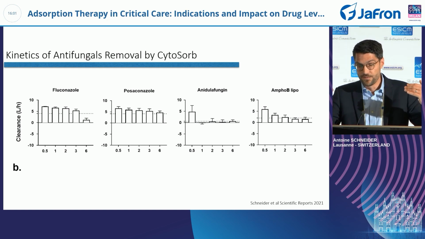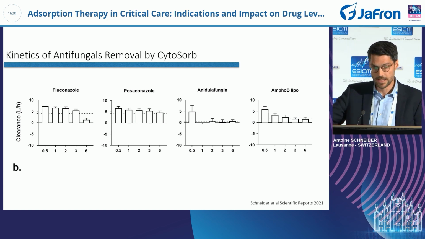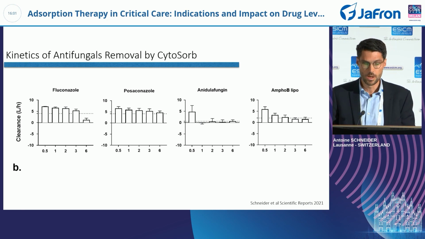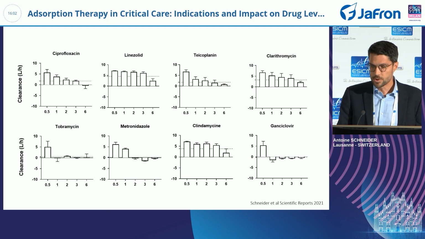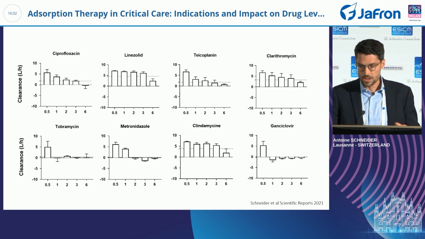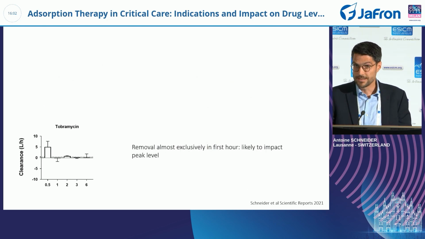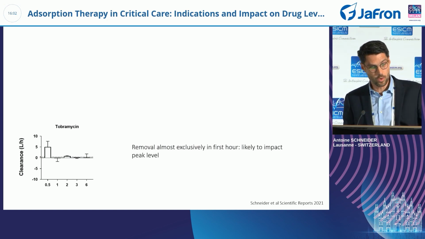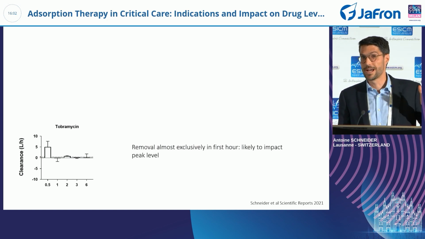We've seen that the antifungal drugs were removed at a very high level, and you see that it was more sustained, at least for fluconazole and posaconazole. But again, it changes from one molecule to the other. Here I'm just going to show you some data for all the medications, but we can't go through all of them. I'm going to focus on tobramycin, because I think it is of particular importance, since nearly all the clearance of this medication happens in the first hour.